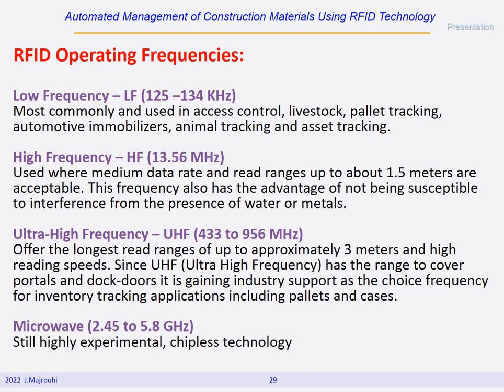High frequencies work at 13.56 MHz, used where medium data rate and read range up to about 150 meters are acceptable. This frequency also has the advantage of not being susceptible to interference from the presence of water or metals.